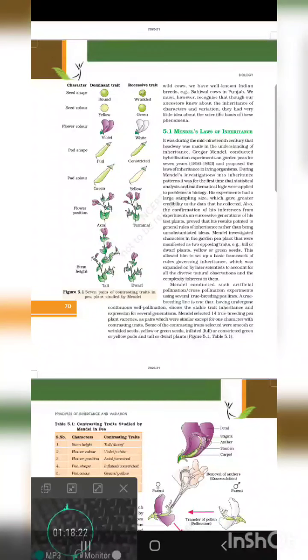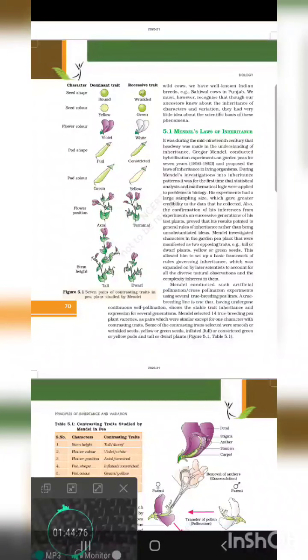Also, the confirmation of his inference from experiments on successive generations of his test plants proved that his results pointed to general rules of inheritance rather than being unsubstantiated ideas. Mendel investigated characters in the garden pea plant that were manifested as two opposing traits.